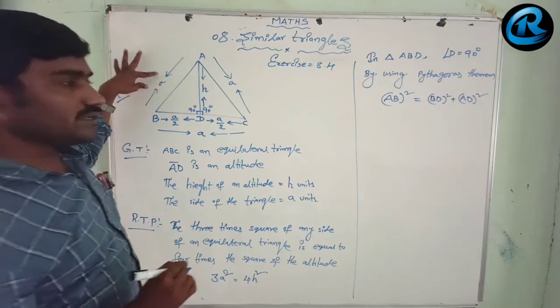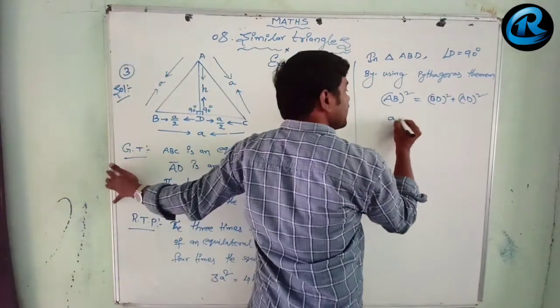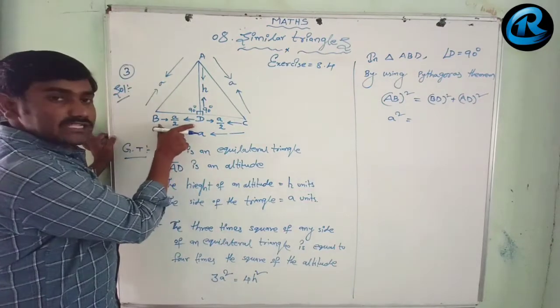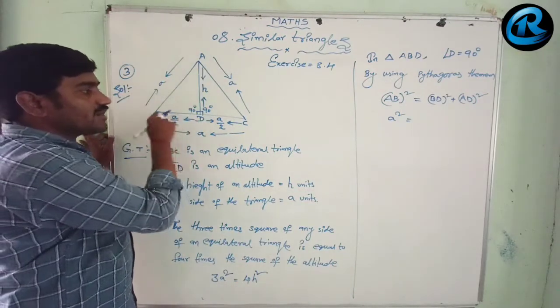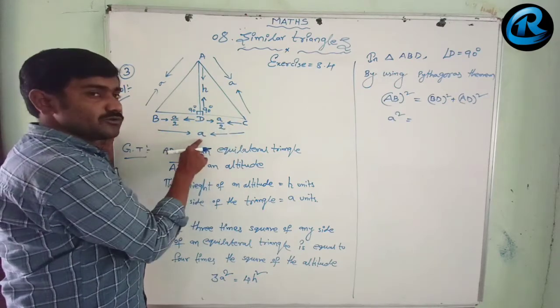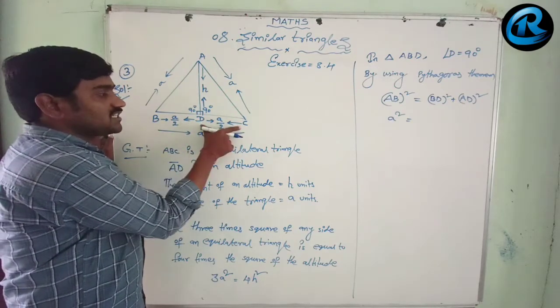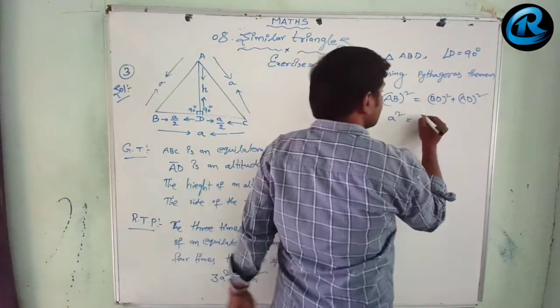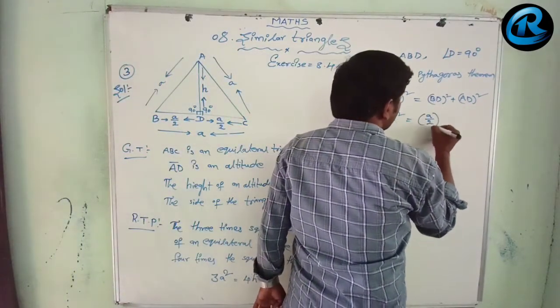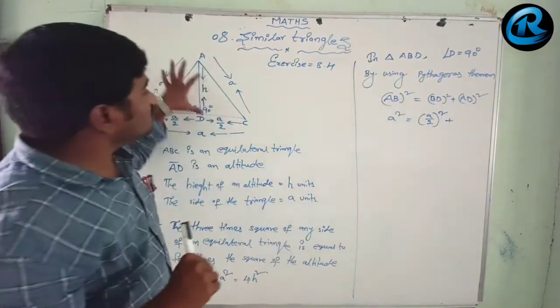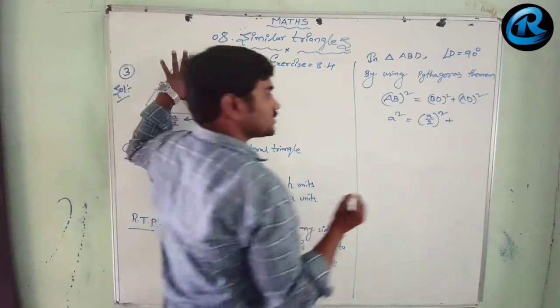AB equal to what? A units. So here A square, BD, where BD equal to what? As I told you, here AD divided this BC into two equal parts. So where BC is a units, then BD and CD will be equal to A by 2 and A by 2 units. So BD equal to A by 2 whole square plus AD. AD is nothing but an altitude in this figure, that is h units. So h square.